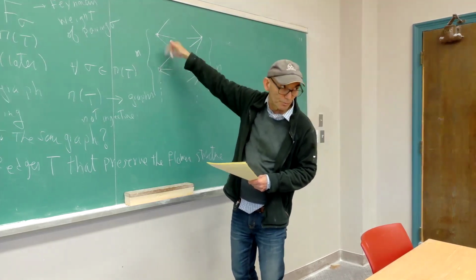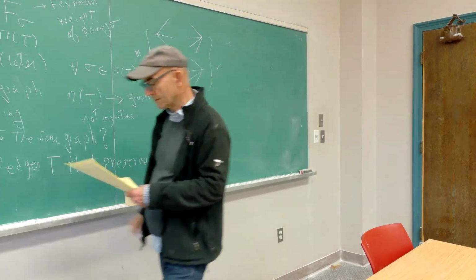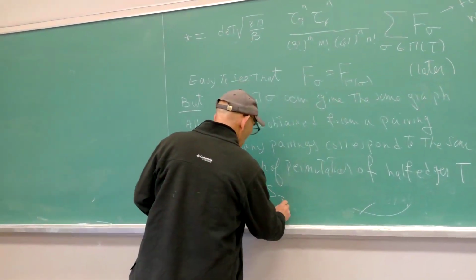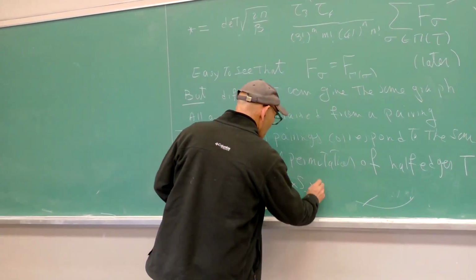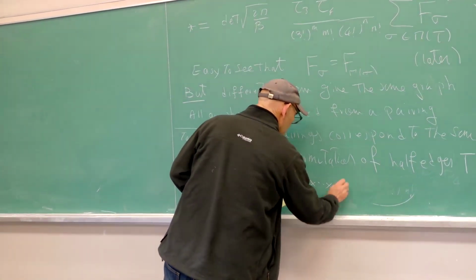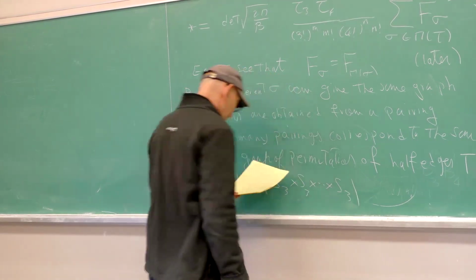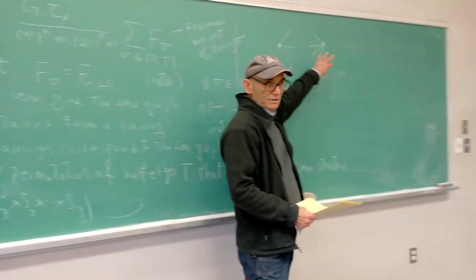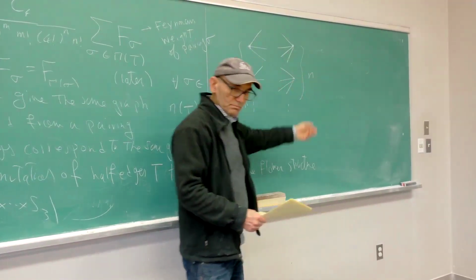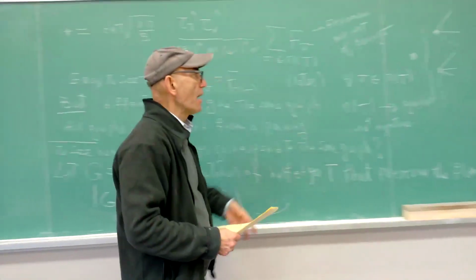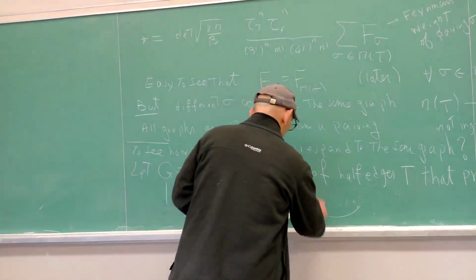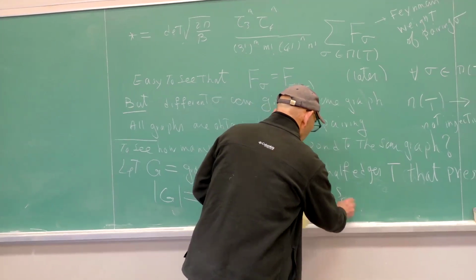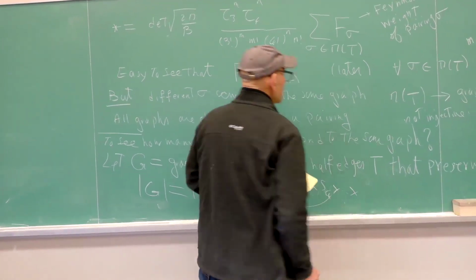You can permute within each flower first. So it's going to be S3 times S3 times S3. And we can also permute these 4 edges on each flower on the right hand side. Then this is multiplied by S4 times S4 times S4.